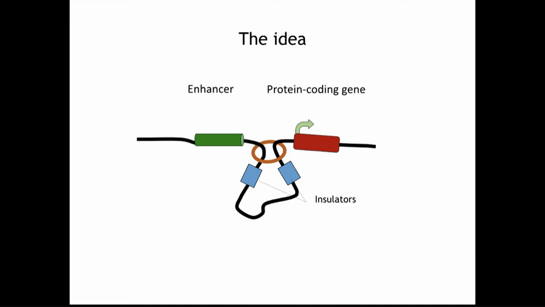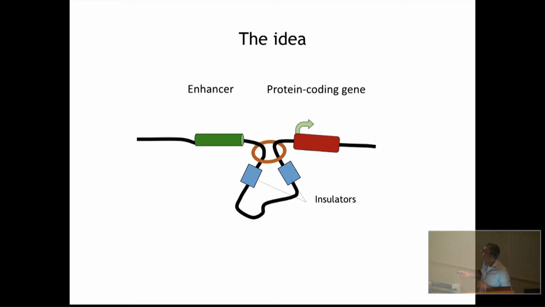This is more or less the structure of enhancers, promoters, protein-coding genes, and insulator regions that recruit CTCF and cohesin to form DNA loops that bring enhancers in close vicinity to the protein-coding genes.